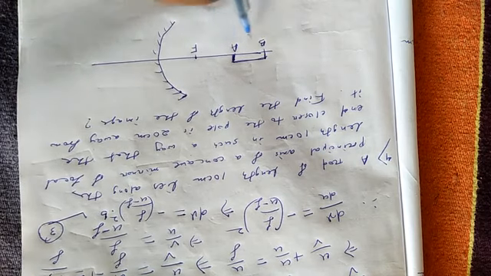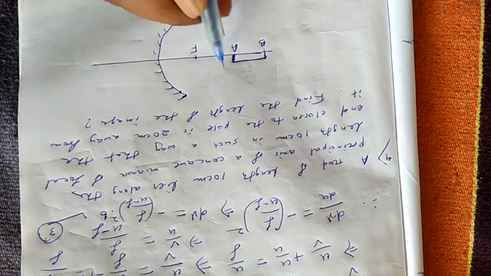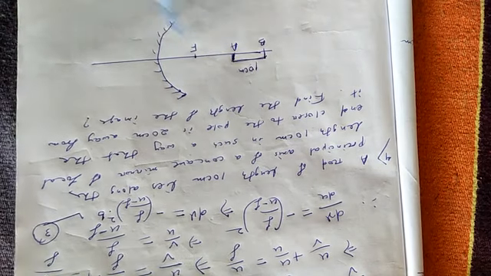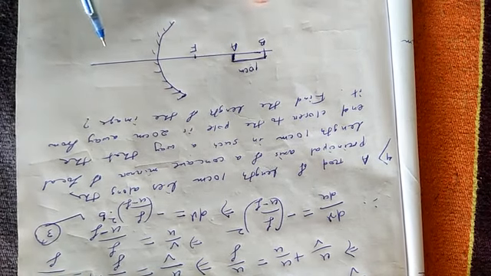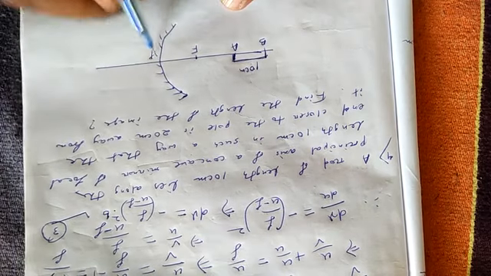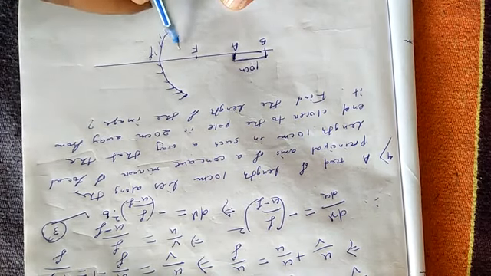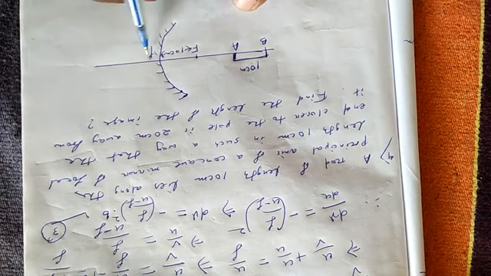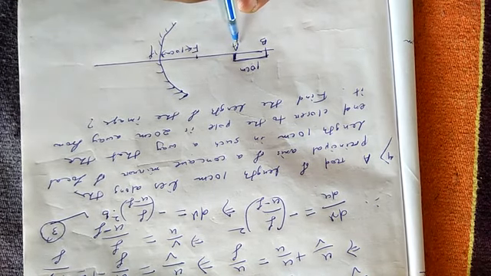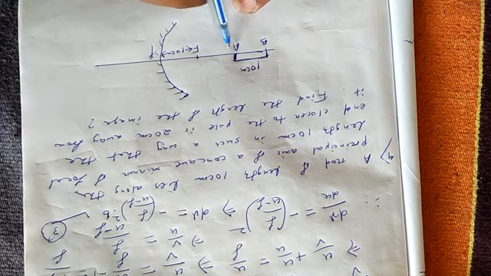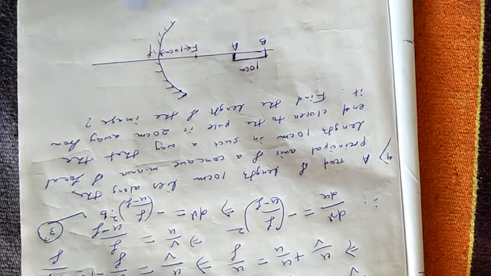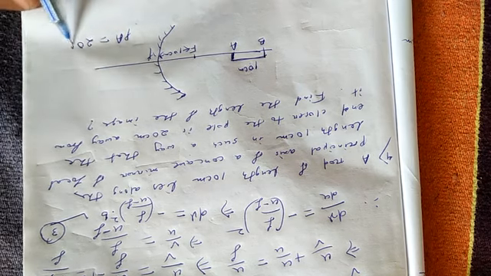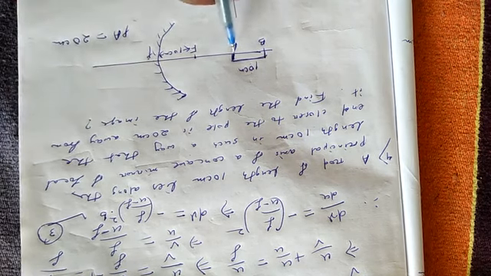AB is equal to 10 cm. Focal length is 10 cm. And one end of the rod is at a distance 20 cm from the pole. PA is equal to 20 cm, means A is at the center of curvature.